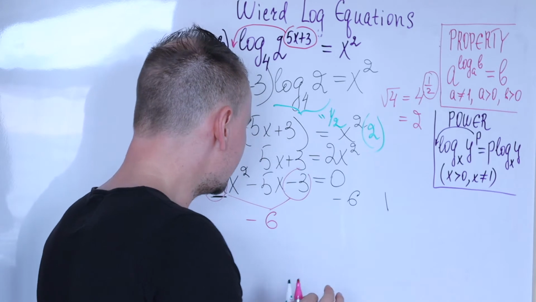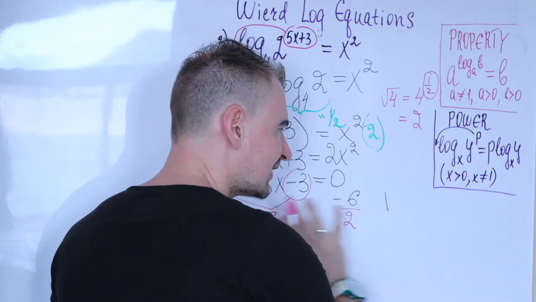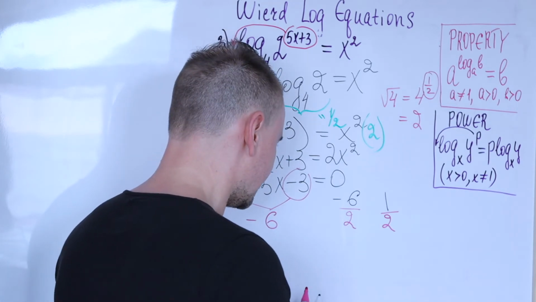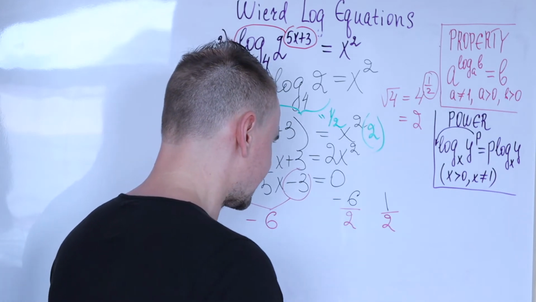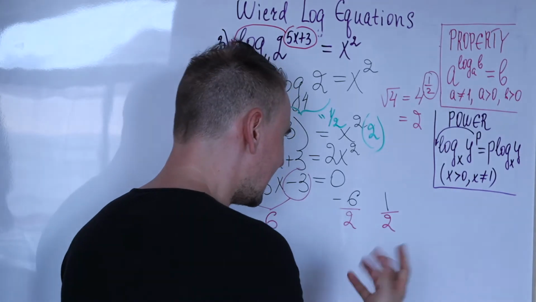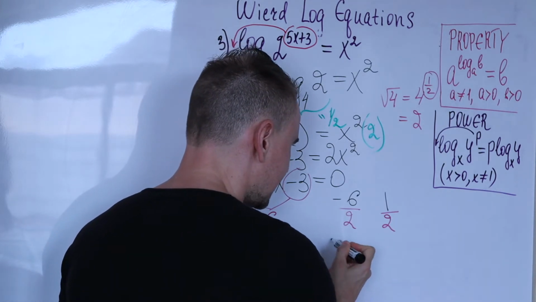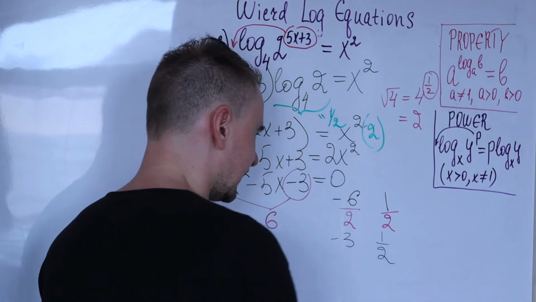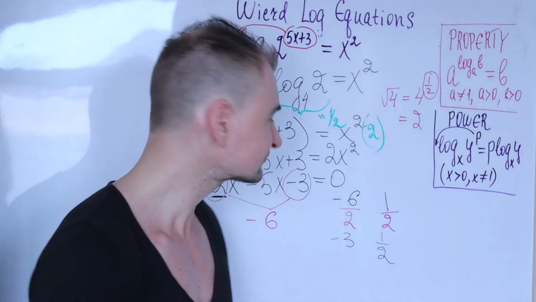Anyway, the next step is to divide these two numbers by the leading coefficient. 2 goes into 6 three times, so with the negative it's -3, and this fraction is already in simplest form.